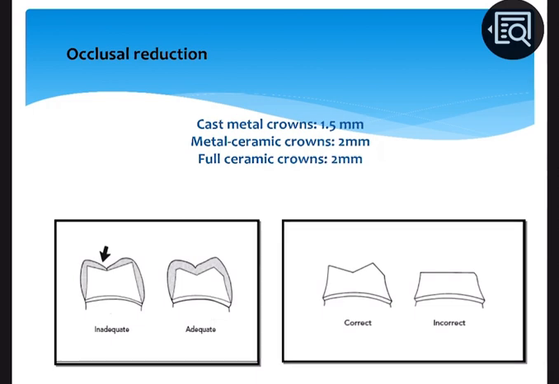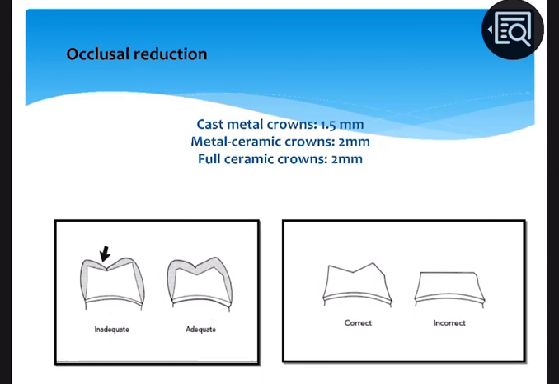If we do over reduction, then we violate the first principle, which is preservation of tooth structure. So for cast metal crowns or all metal crowns, we have to reduce the occlusal surface: functional cusp 1.5 millimeter and non-functional cusp 1 millimeter. And for a metal ceramic crown, when we prepare the tooth for a metal ceramic crown, two materials are involved.